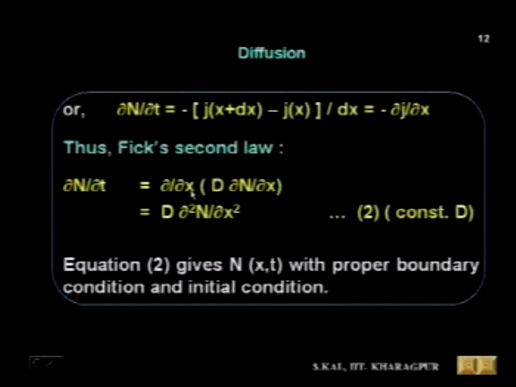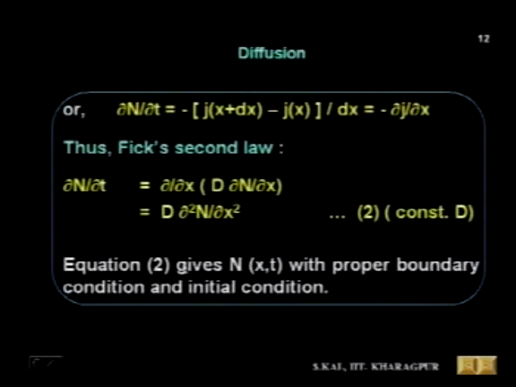Okay. So now again we assume that capital D is concentration independent. So you can take this capital D out of the differential. So now del n del t is equal to D del 2 n del x square for constant D. Okay.